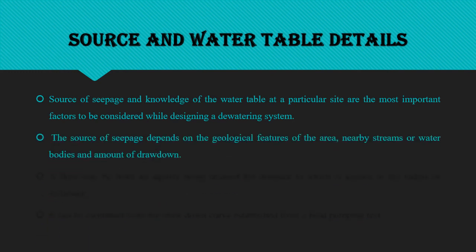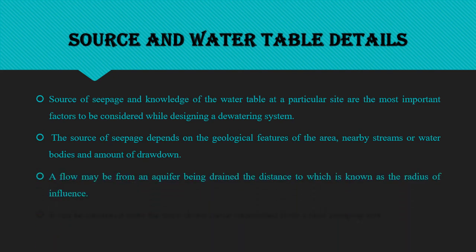The source of seepage depends on the geological features of the area, nearby streams or water bodies and amount of drawdown. A flow may be from an aquifer being drained, the distance to which is known as the radius of influence. It can be estimated from the drawdown curve established from a field pumping test.